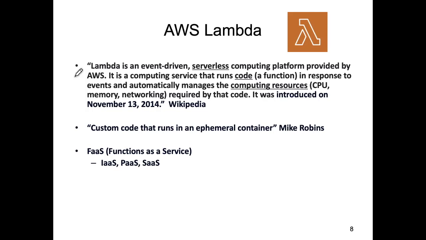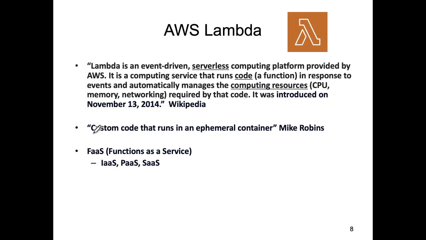But in the serverless world and in relation to the AWS Lambda service, we can deploy something as small as a function to the Lambda service. And the Lambda service takes care of managing the utilities, as I said, that are required: CPU, memory, network bandwidth.